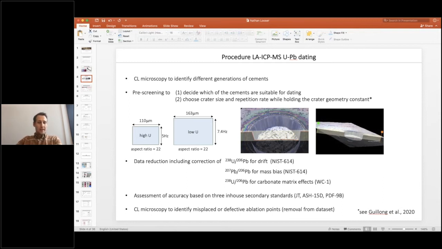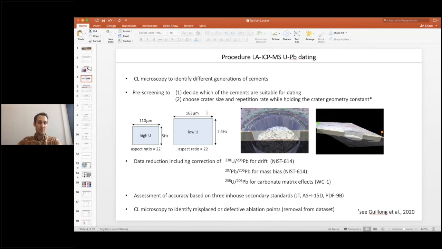Then what we do during the session, we decide which ones of these cements are suitable for dating. So this pre-screening is that we just take the sample and ablate some test holes, and based on that we can decide if we have enough uranium to try dating it, or if it's basically hopeless. In the second step, we choose crater size and repetition rates, also based on the uranium content.